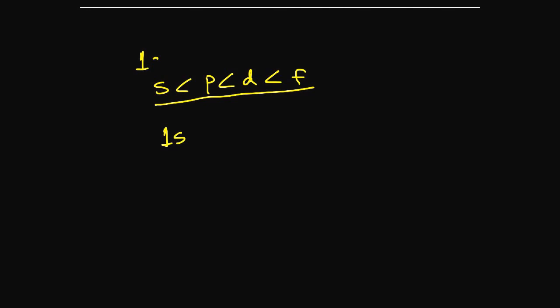So basically, s has lower energy than p, p has lower energy than d, and d has lower energy than f. Now, the same is the case in the principal quantum number, that is 1s has lower energy than 2s, 2s has lower energy than 3s, 3s than 4s.